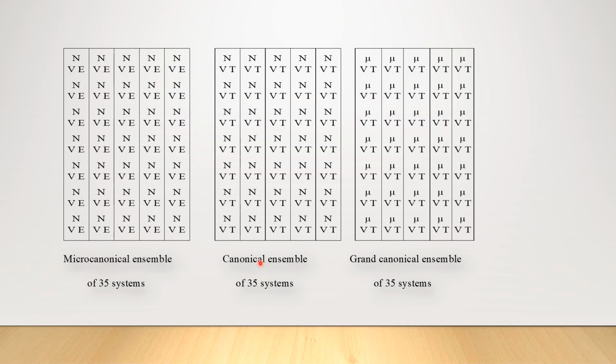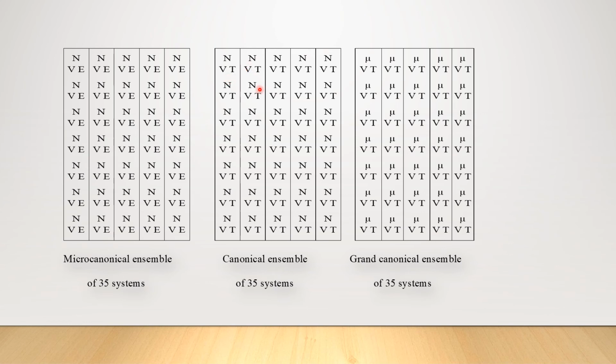Then the next is the canonical ensemble. Again here there are 35 systems, but here the energy values are fluctuating. Each system is having the same value of total number of molecules N, the volume remains the same and temperature remains the same.